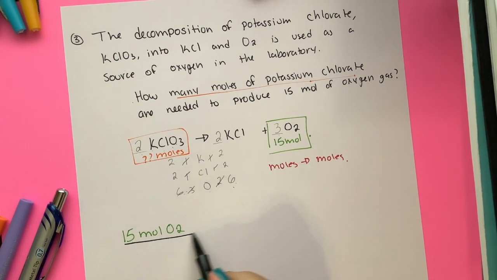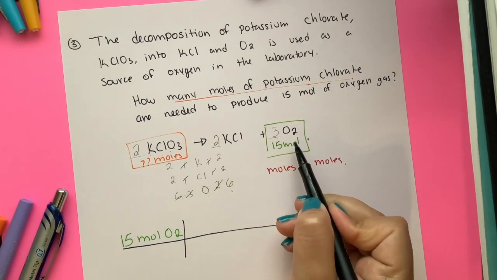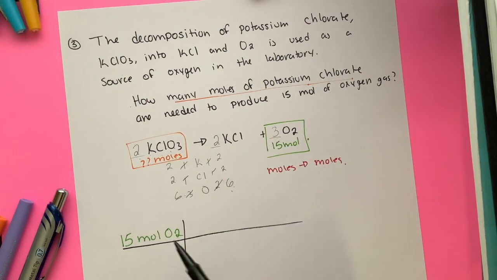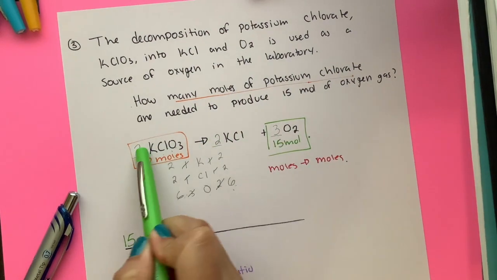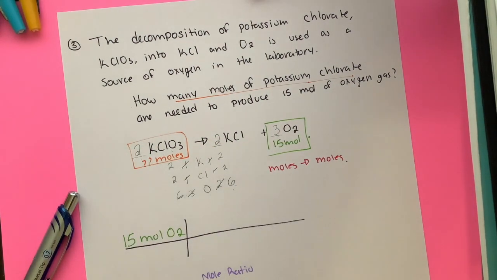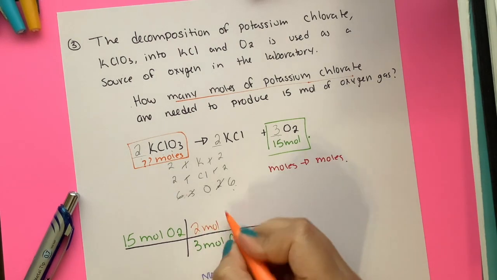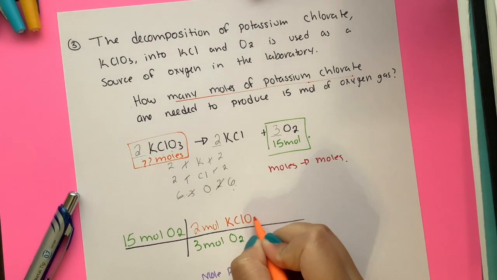Okay, I always need to use the mole ratio in order to jump from one compound to the next. And in this case, I am already in moles. So my next step is to use the mole ratio, which is 3 moles of oxygen for every 2 moles of potassium chlorate.